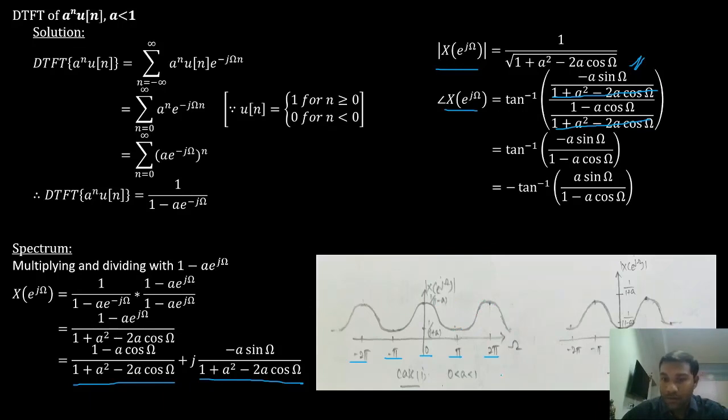So if you look at the graph here, you can say that it is periodic in nature, right? This part from 0 to 2 pi is being repeated over the time period, right? Again, from minus 2 pi to 0, it is the same thing.